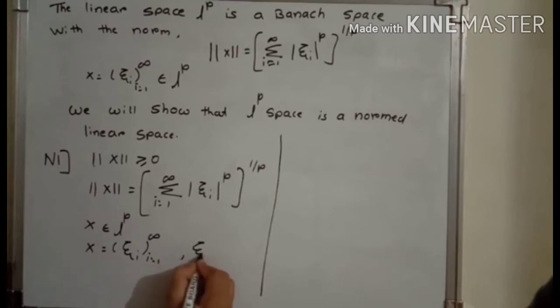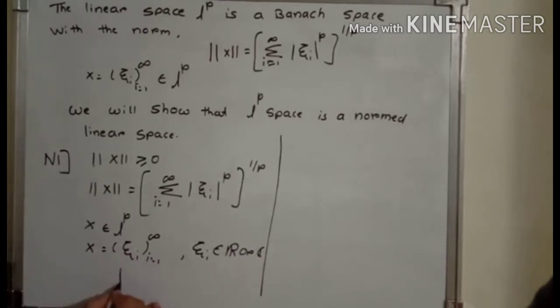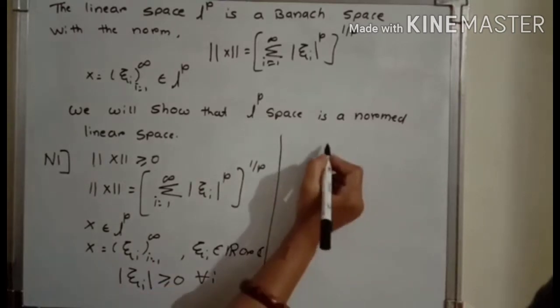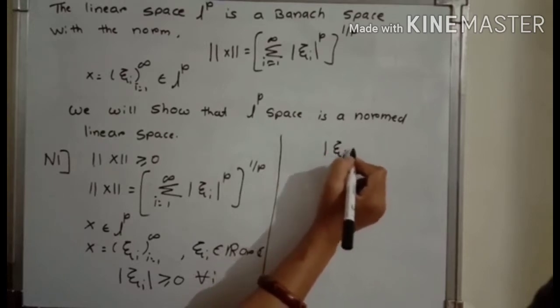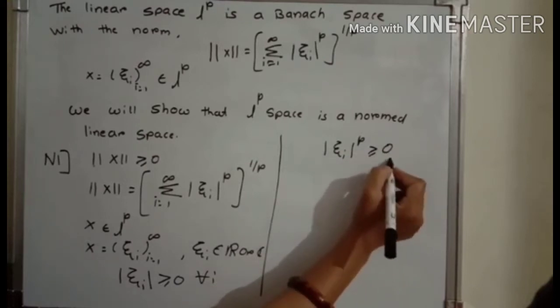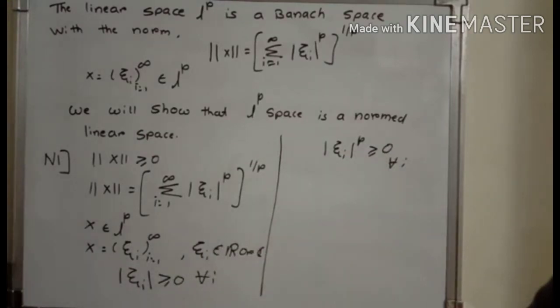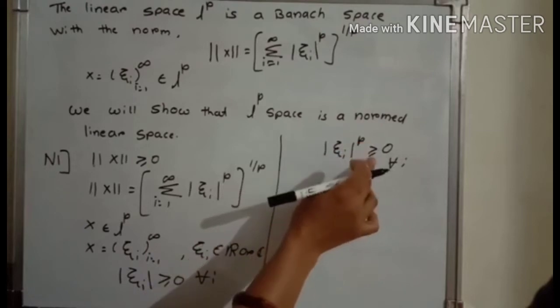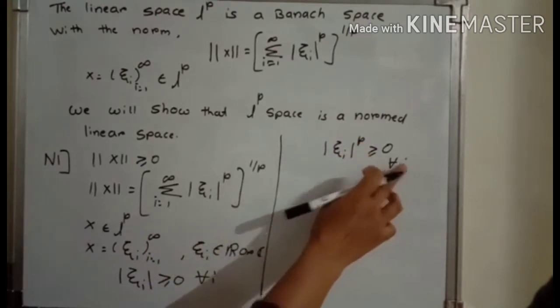Here each ξi is either real or complex, and therefore the absolute value of this ξi is always greater than or equal to 0, and this is true for all i. Now |ξi| is greater than or equal to 0, therefore its pth power, that is |ξi|^p, is also greater than or equal to 0 for all i.